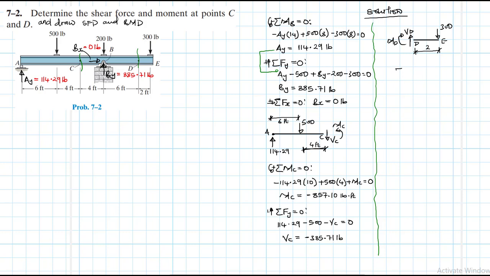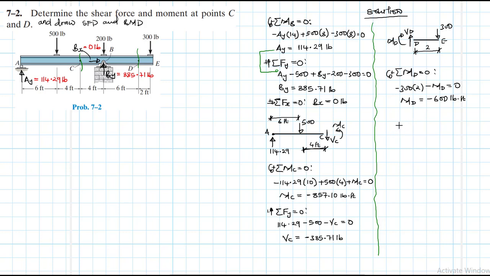Then we have summation of moments about point D equal to 0, with clockwise being our reference. What do we have? We have a minus 300 by 2 minus MD equal to 0, and therefore our MD is just going to be equal to minus 600 pounds feet.